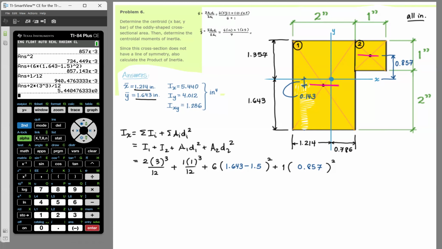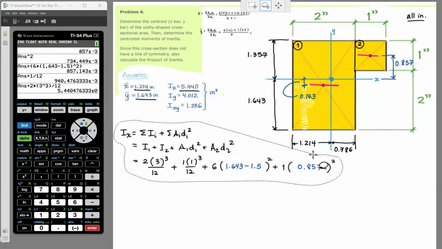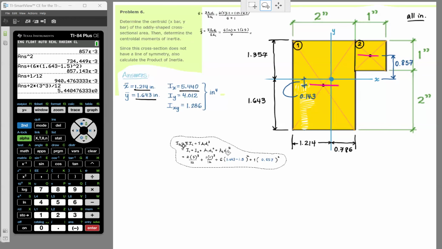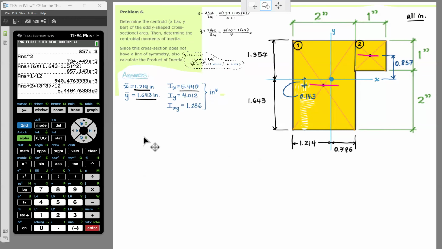And I've got my IX, 5.440 right there. As before, I'll take this calc and make it small, just in case we need it later.